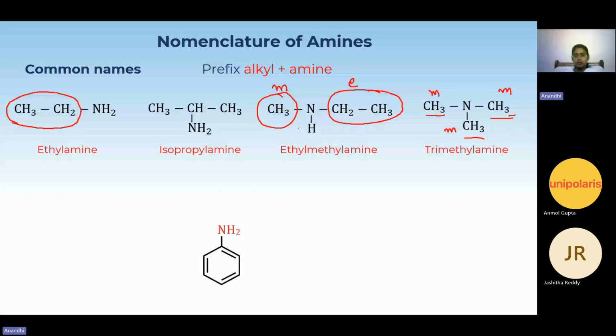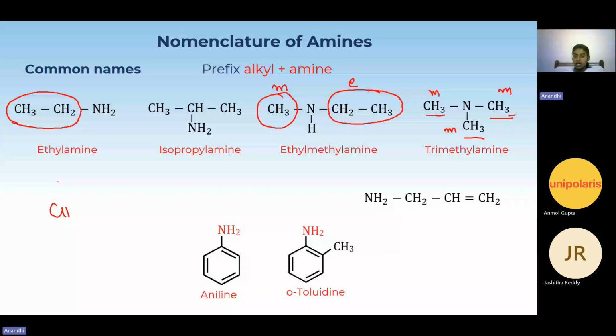Let me give you one more compound. In this compound I have a double bond and also NH2. If I have CH2 double bond, CH single bond, CH2 with some other group, then that particular structure is called allyl. Understood? Clear?